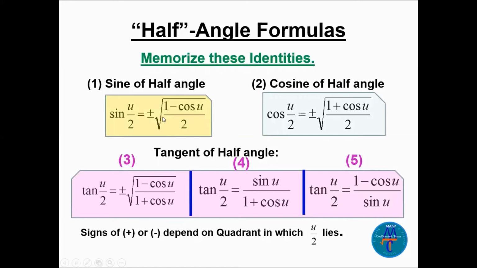You can use this one for other questions, sine half angle, tan half angle. There are 3 different forms: formula number 3, formula number 4, formula number 5. We will use them in the next question, number 3. And remember to choose plus or minus according to the quadrant in which u over 2 lies, not u.